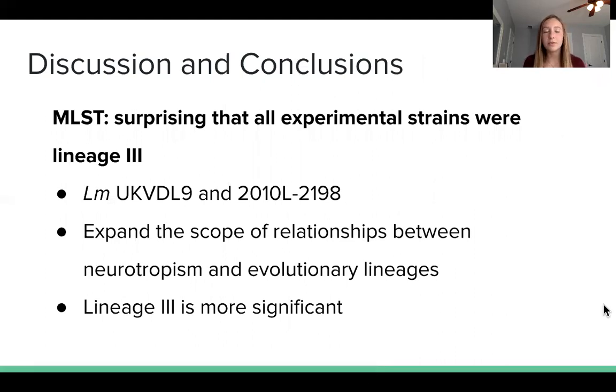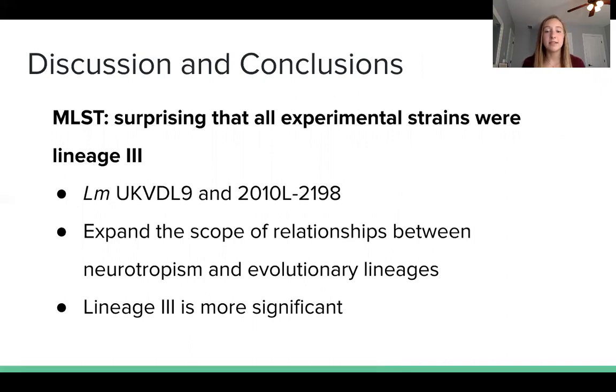Now I'm going to go on to my discussions and conclusions for each of my projects. For MLST, it was very surprising that all experimental strains were found to be lineage 3, especially with UKVDL9 and 2010L2198.